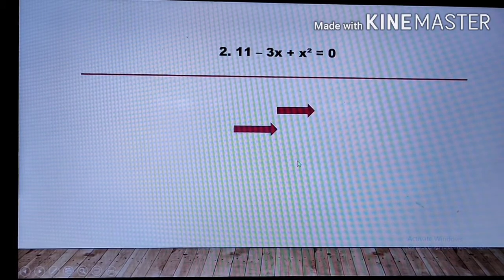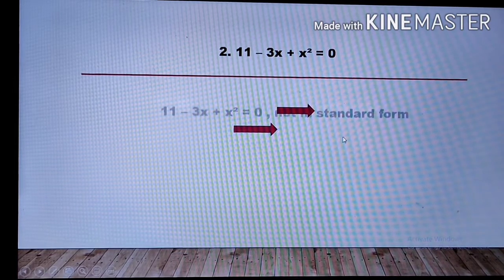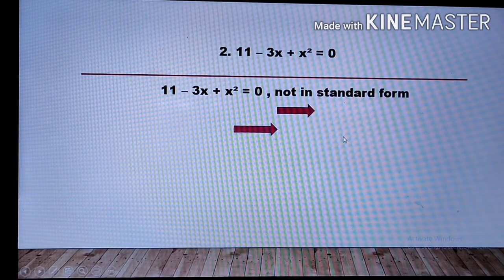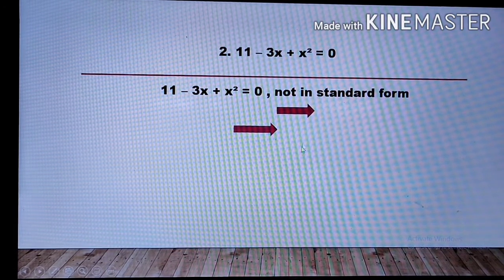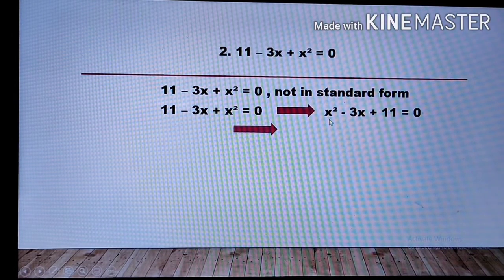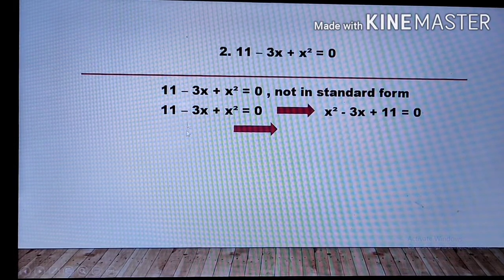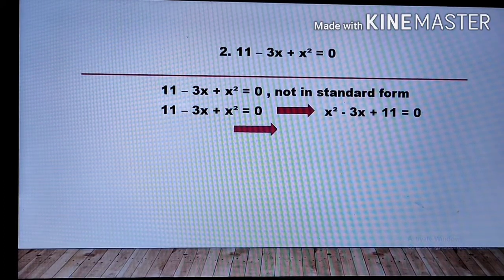Kasi, di ba, ax squared plus bx plus c is equal to 0. Dapat yung mauuna is yung x squared. Hindi pa siya nasa standard form ha, kasi yung standard form natin ay ax squared plus bx plus c is equal to 0. So, from here, i-arrange lang natin siya. No need na ma-change yung operation niya kasi same lang, nasa left side lang siya. Ang ginawa lang natin is, yung position lang niya, sinwitch lang natin.